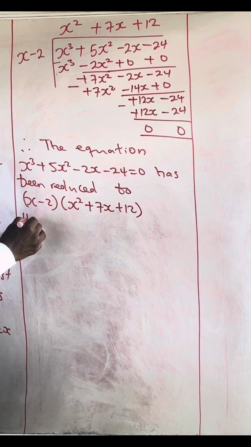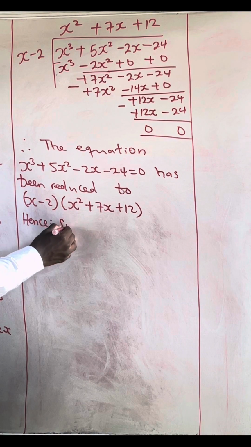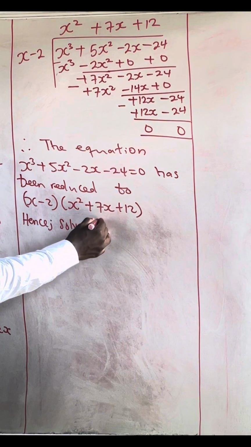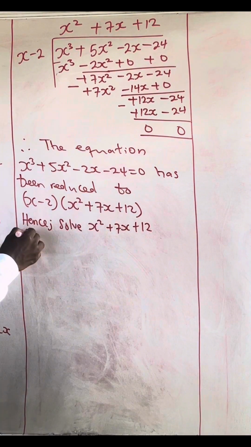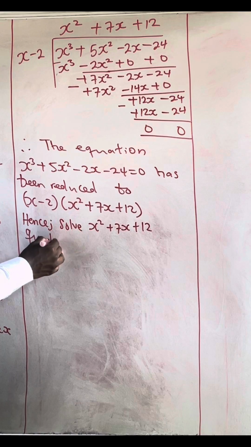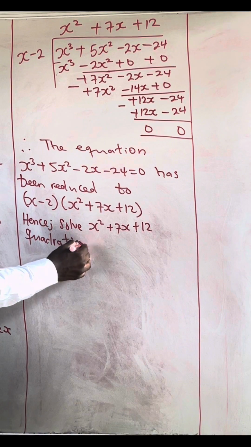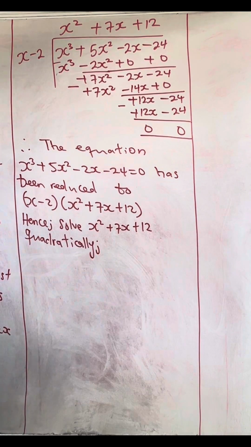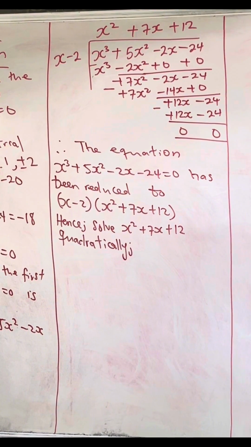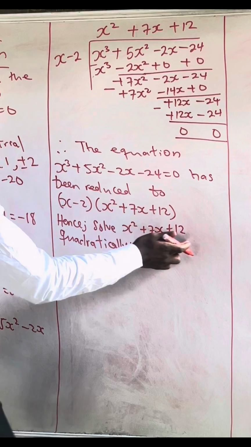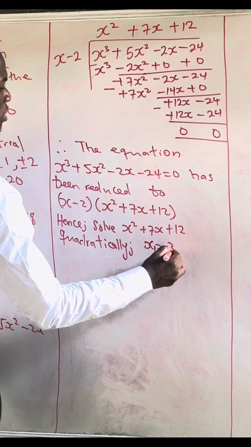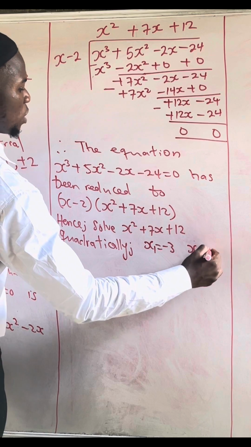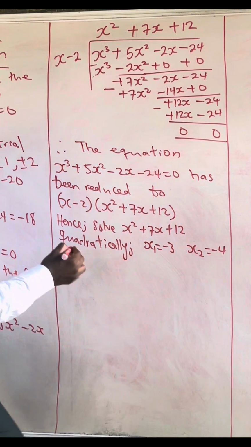Hence, solve x squared plus 7x plus 12 quadratically. So guys, if I solve this quadratically, my x1 will equal minus 3, and my x2 will equal minus 4.